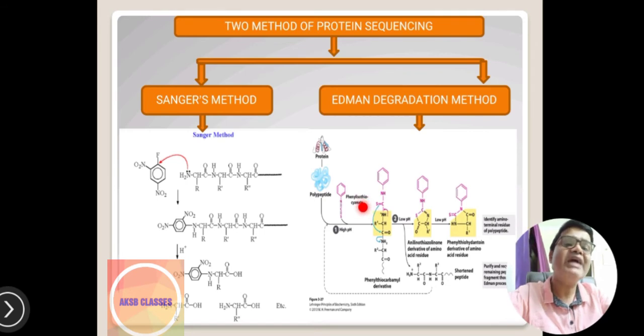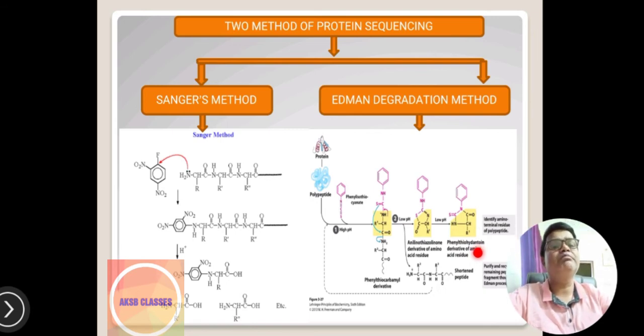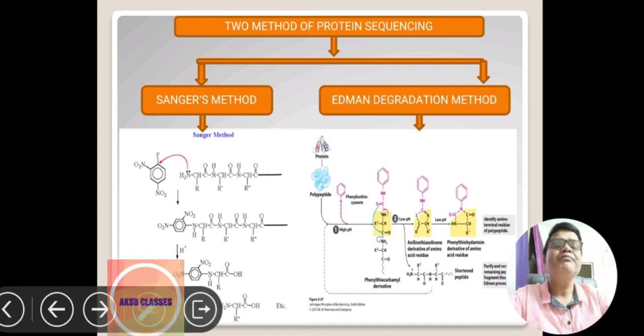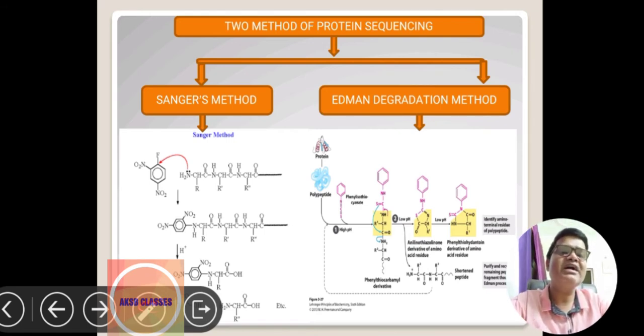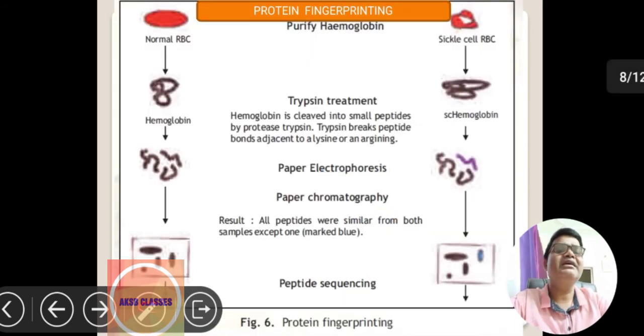Phenyl isothiocyanate reacts and produces phenyl thiohydantoin derivatives along with the amino acid. So this is the most important technique for protein sequencing. These are the two methods I have already discussed, Sanger's method and the Edman degradation method.